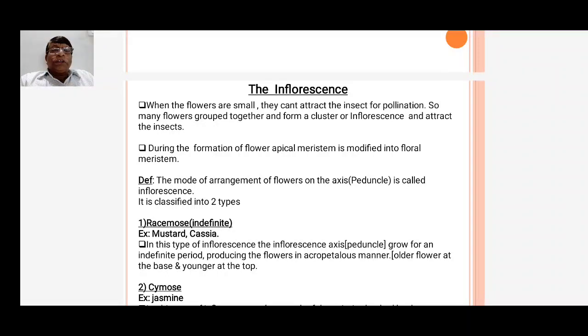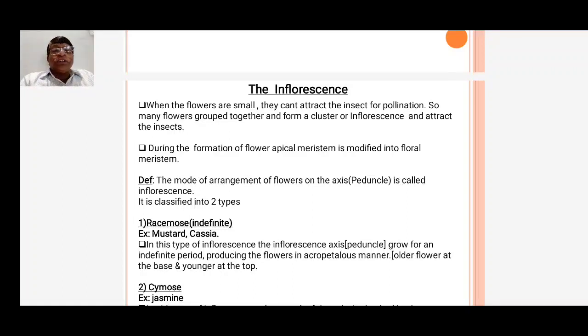When the flowers are very small, say inconspicuous, they cannot attract the insect for pollination because they are very small.